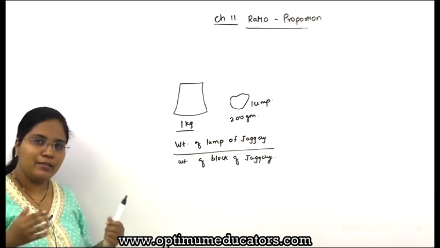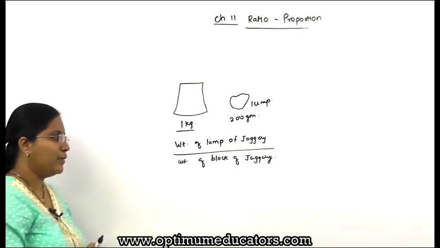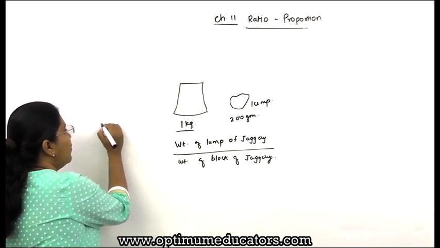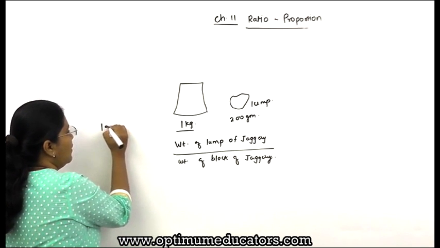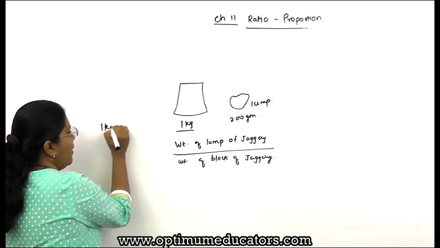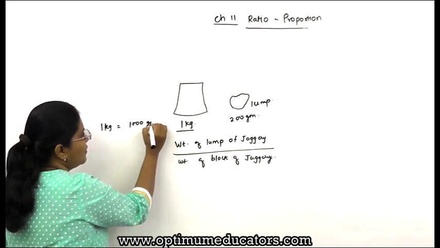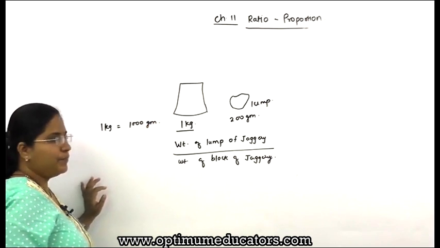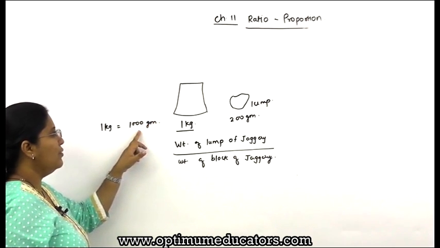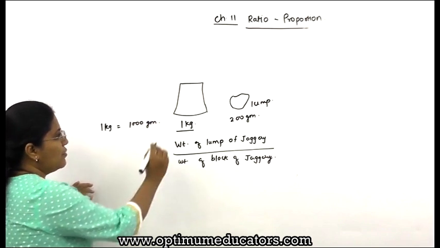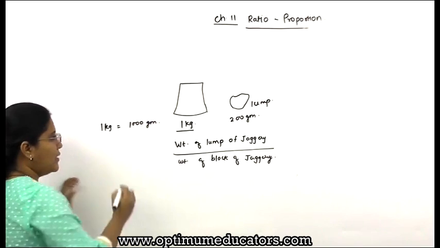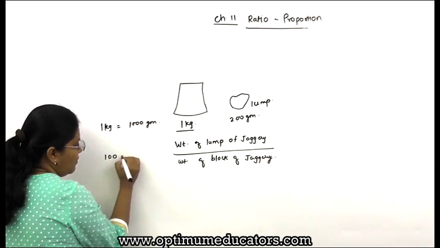I must bring them into the same unit. Now we know that 1 kilogram is equal to 1000 grams. Isn't it? So this 1 kilogram could be represented as 1000 grams.